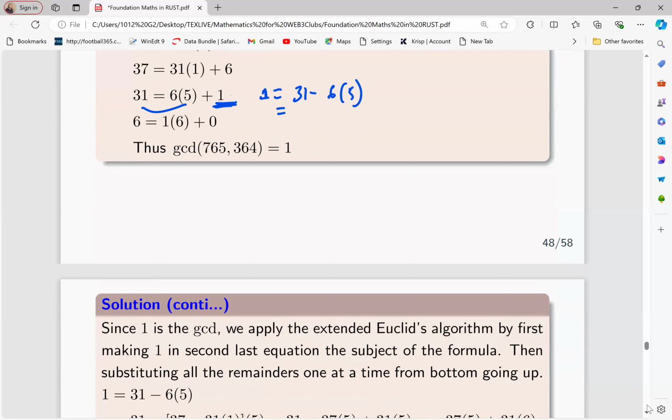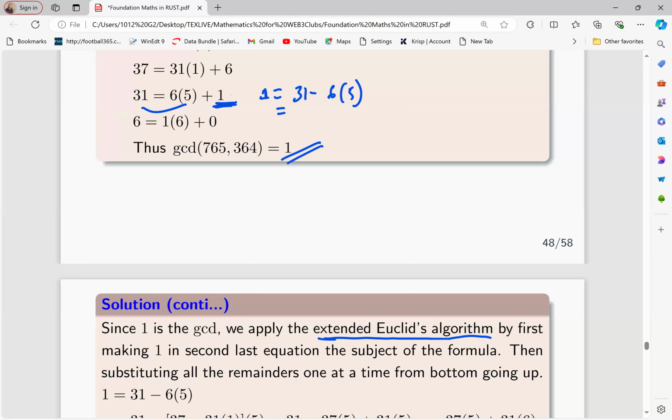So since 1 is the GCD, we apply the extended Euclidean algorithm. That one begins at the point you begin reversing. What we've been doing so far up to here is just the Euclidean algorithm. So when you begin reversing, the extended Euclidean algorithm comes in.